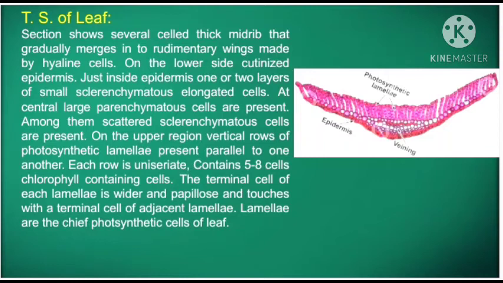At the midrib, the section shows a several-celled thick midrib region that gradually merges into rudimentary wings made by hyaline cells. On the lower side, a cutinized epidermis is present. Just inside the epidermis, one or more layers of small, elongated sclerenchymatous cells are present.